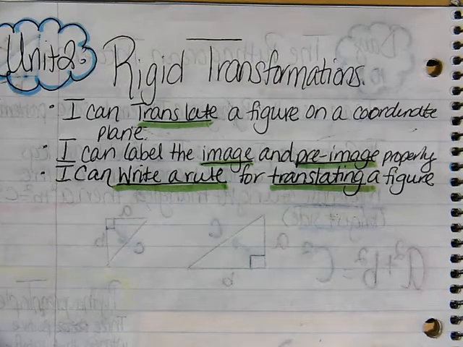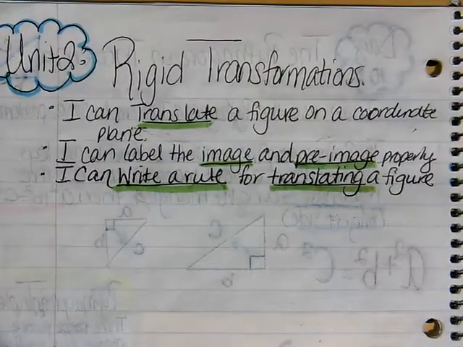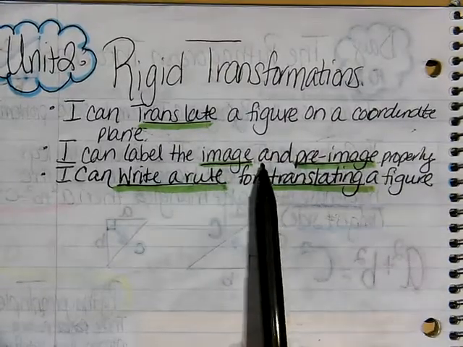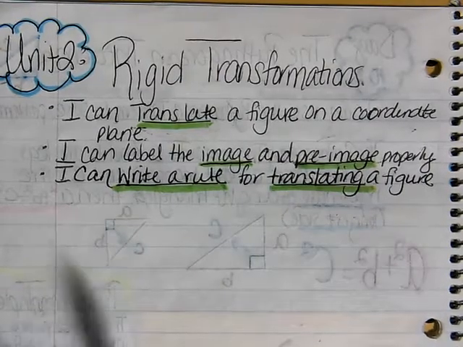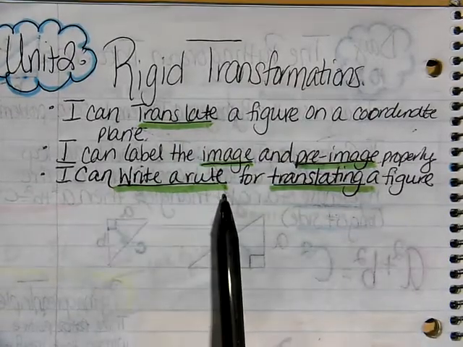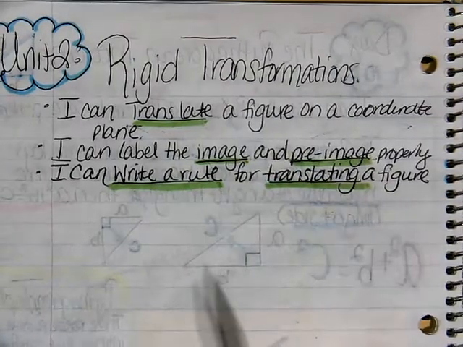It's like a change, like a translation from one language to another, from one location to another. Image and pre-image are going to be words that we are going to be focusing on. Pre meaning before, and then image being what comes after. And then I can write a rule. There will be a special way where we will write coordinate rules for translating a figure.